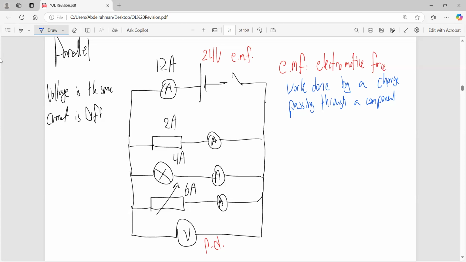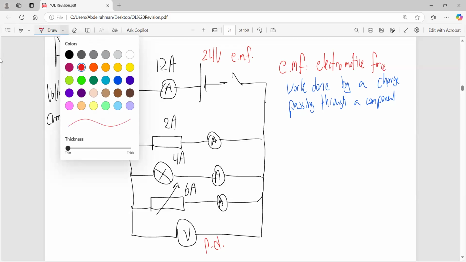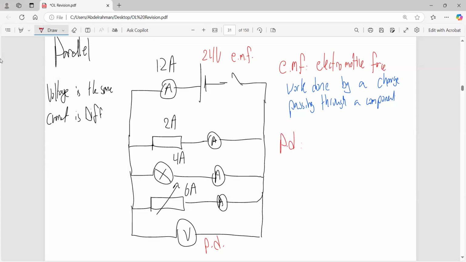What is the PD, potential difference? PD stands for potential difference. What is the potential difference?